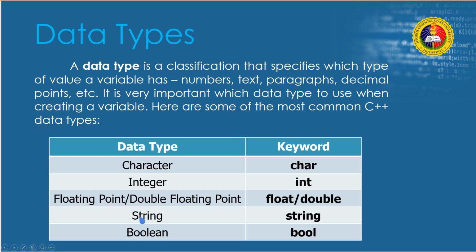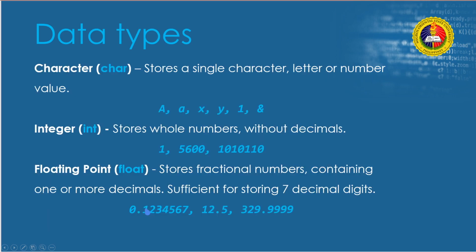Let's talk about it one by one. Let's start with the character or char. It's called character, but if we're going to use it in programming, it's only char, however you pronounce it. It stores a single character. Always remember, it can only store a single character, letter or number value.